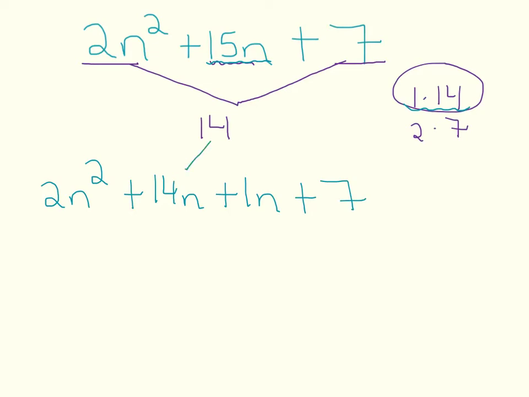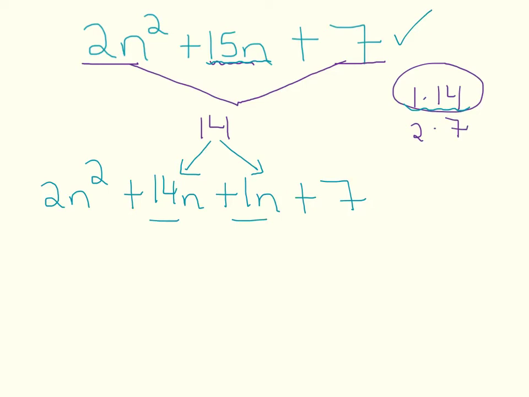So I broke the factors up, and if you can see, all I did was rewrite this, except breaking apart the 15 into 14 and 1. And it does not matter which order you write those in. So multiply a times c, then we find the factors, and then we substitute the factors in for the middle term. And now this step says to group it and factor it.